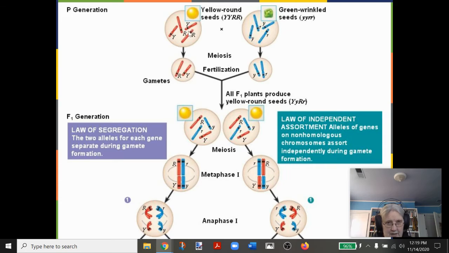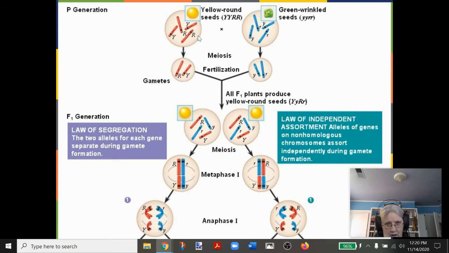Mom in this case is big Y, big R, and she has 2 copies of the big Y and 2 copies of the big R. That makes her true breeding from generation to generation. Here we have true breeding recessive from dad, little y, little y, little r, little r.